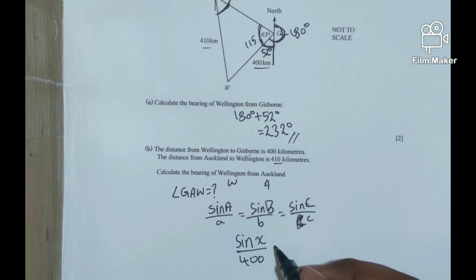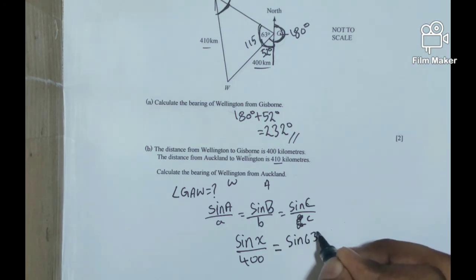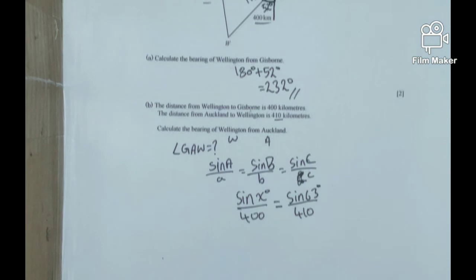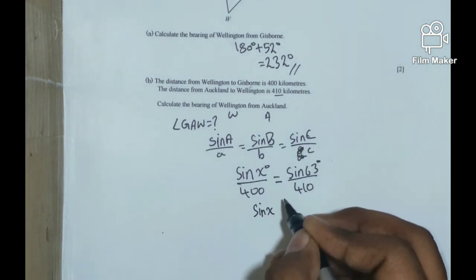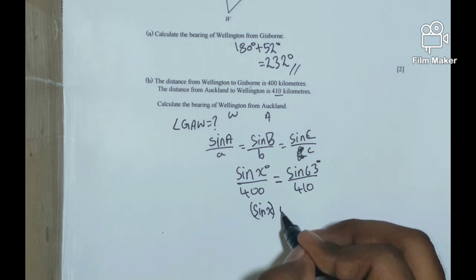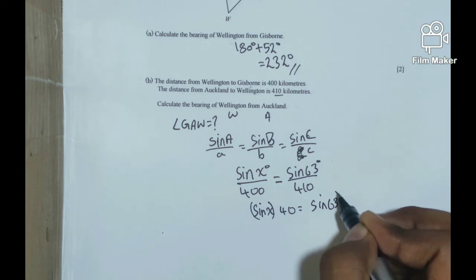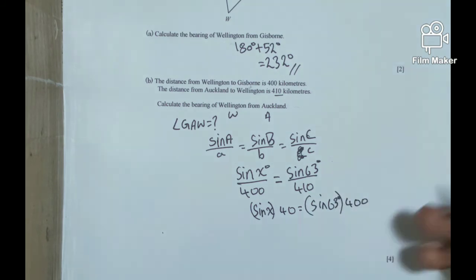is equal to sine 63 degrees divided by 410 kilometers. So now we will just cross multiply. It would be sine x multiplied by 410 is equal to sine 63 degrees times 400.